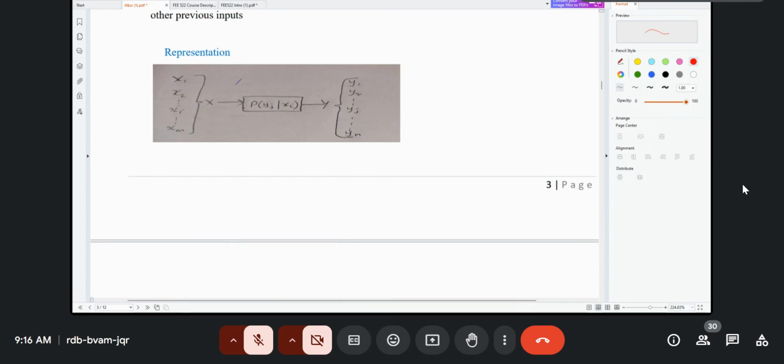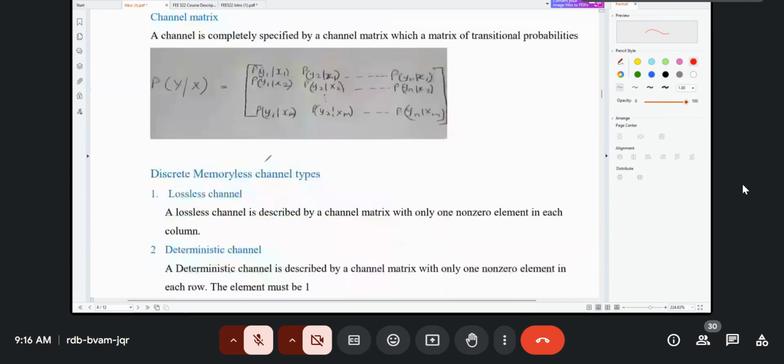So we are saying we can fully characterize a DMC with this channel matrix, which we call a matrix of transitional probabilities, that is P of y given x: P of y1 given x1, P of y2 given x1, and so on.